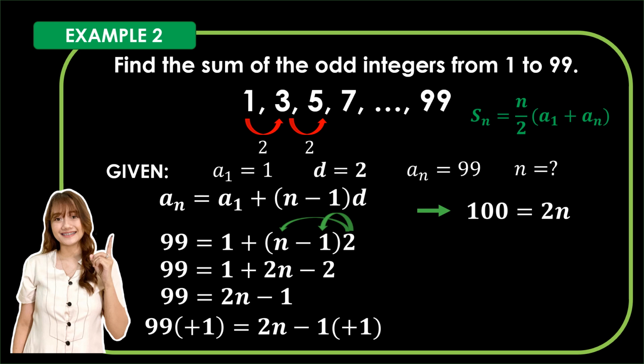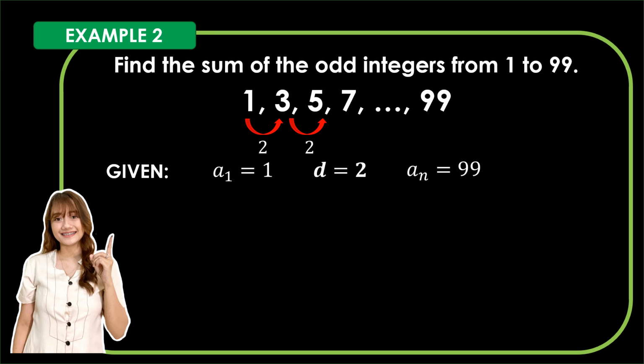By the division property of equality, we divide both sides by 2. So 2 divided by 2 gives us 1, and we have 1n equals 100 divided by 2, which gives us 50. Thus, the value of n is equal to 50.